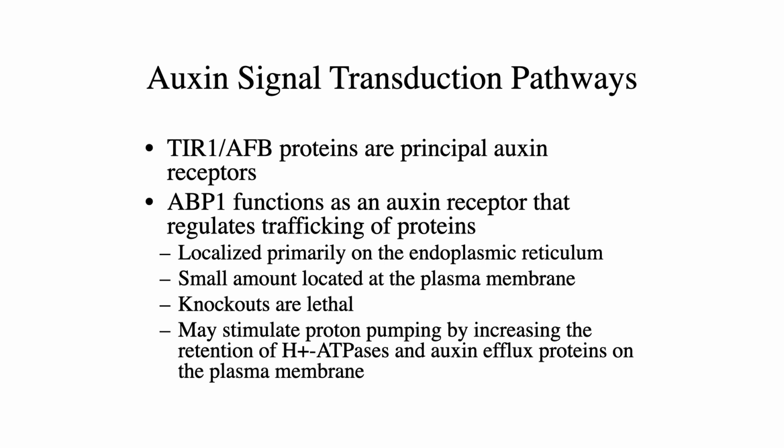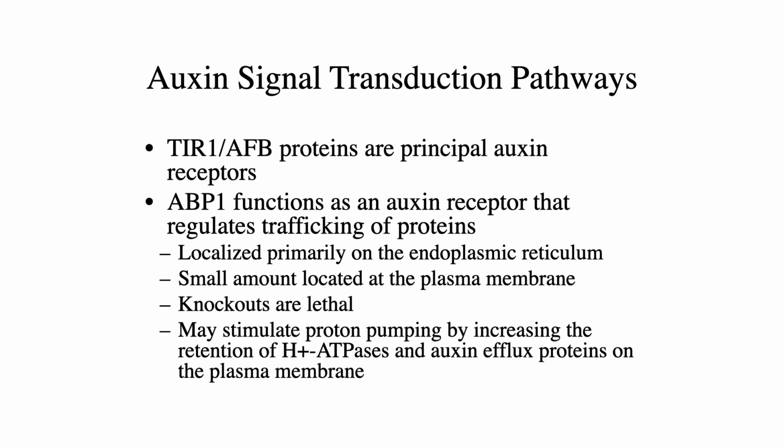What do we know about the auxin signal transduction pathway? We know that TIR1 AFB proteins are the principal auxin receptors. We know that ABP1 functions as an auxin receptor that regulates trafficking of proteins. It's localized primarily on the endoplasmic reticulum.